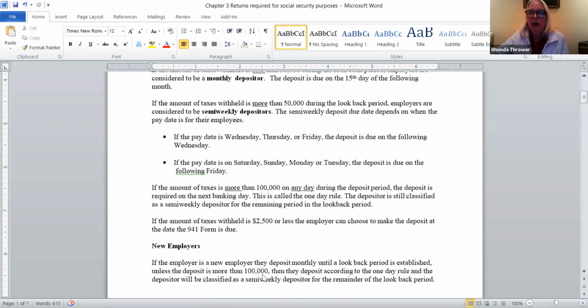If it's more than $100,000, then they have to use the one-day rule and make the deposit on the next day, and they will be considered semi-weekly depositors for the remainder of the look-back period. But if the employer is new and you don't know when you have to file, you're going to deposit monthly unless you accumulate $100,000 or more, then it's daily.